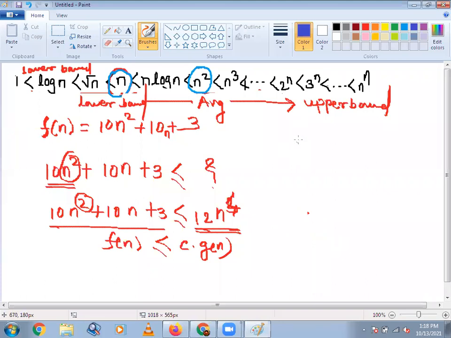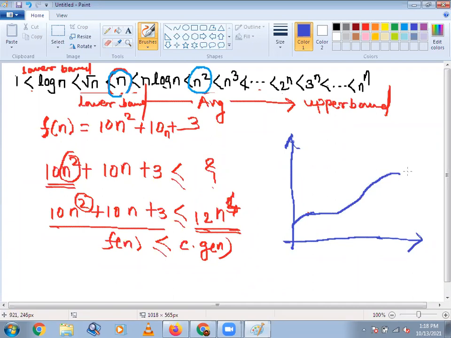Here is the y-axis and this is the x-axis, and the function f of n goes like this.